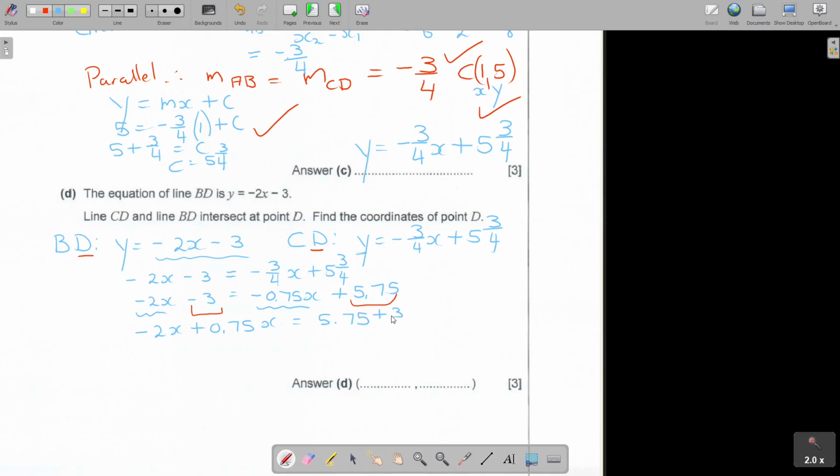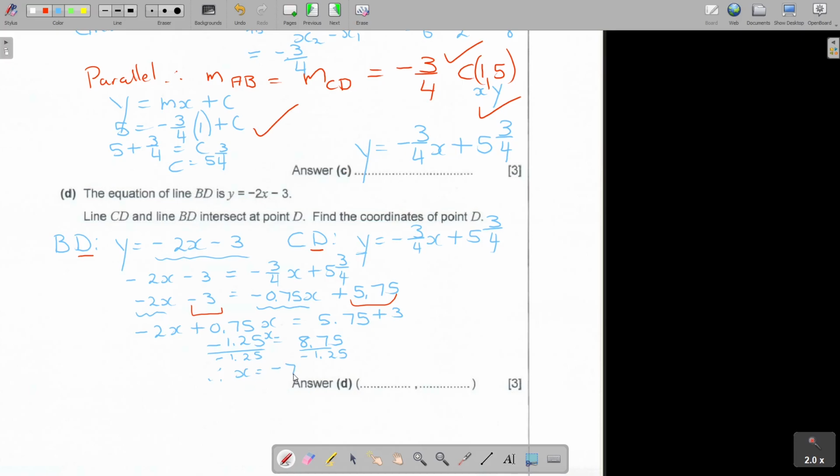So if I subtract that, I'm going to get negative 1.25x and I'm going to get positive 8.75. I forgot the x. If I divide by negative 1.25 and I divide by negative 1.25, I get that my value of x is negative 7.